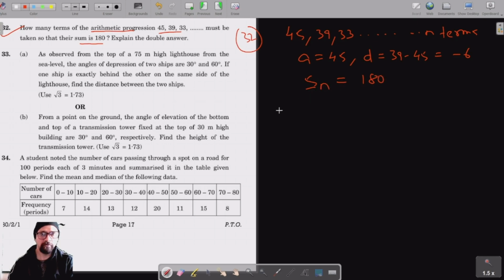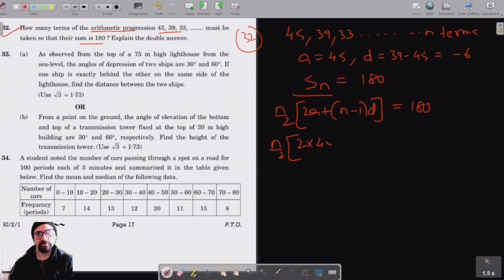So what would be the value of n? The sum of n terms is n by 2 into 2a plus n minus 1 into d, which is equal to 180. We know the value of a, which is 45, and d is negative 6.